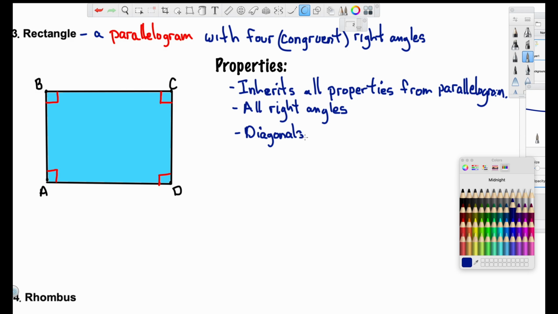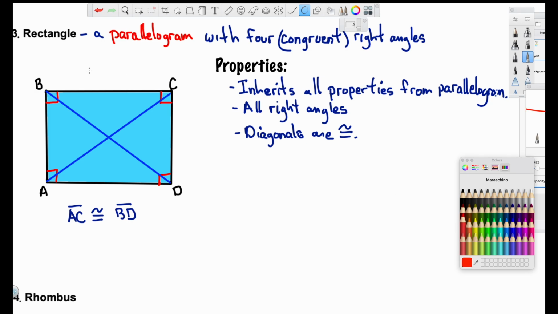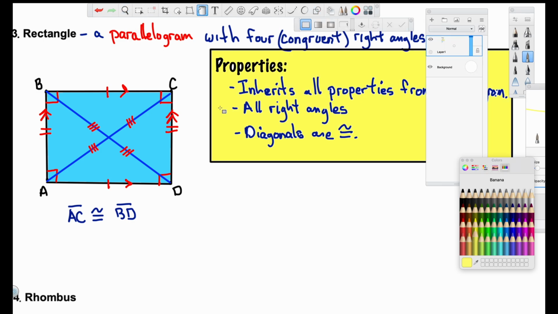And a unique one here for rectangles is that the diagonals are going to be congruent, which is not necessarily the same for just any parallelogram. So I can say that segment AC is congruent to segment BD. Let's throw some other things on here that we've inherited from the parallelogram, as we discussed. Okay, I'm going to box that in.